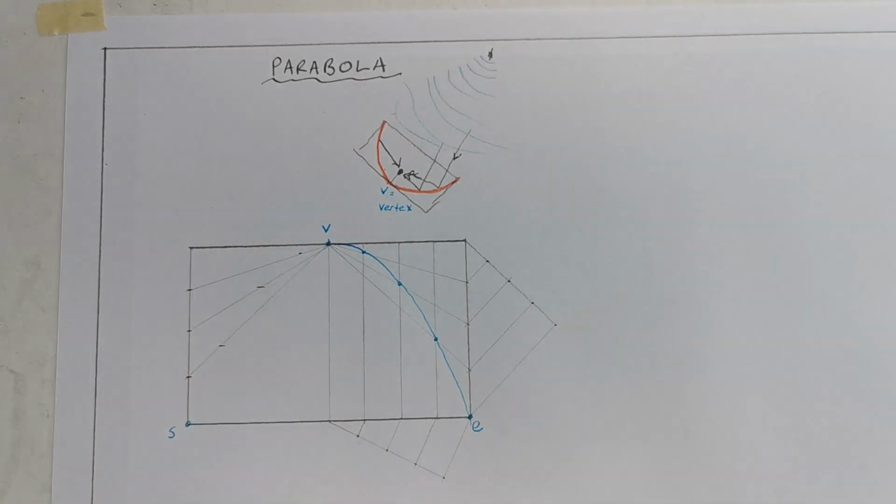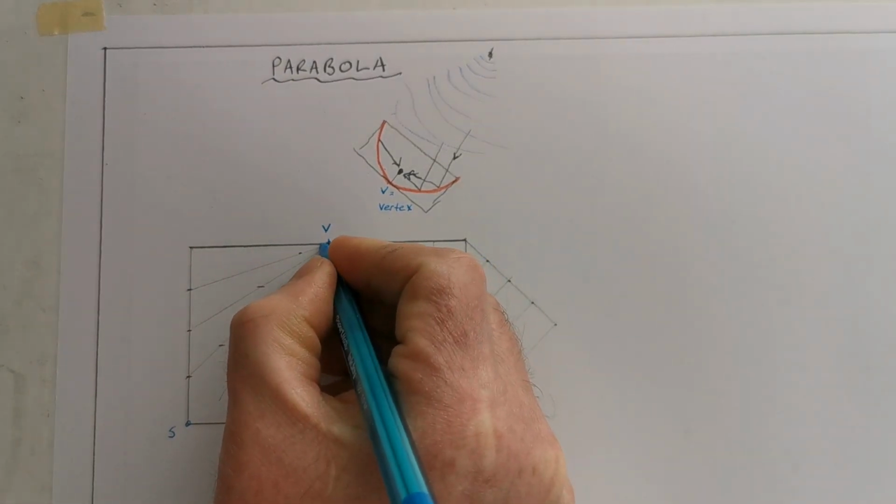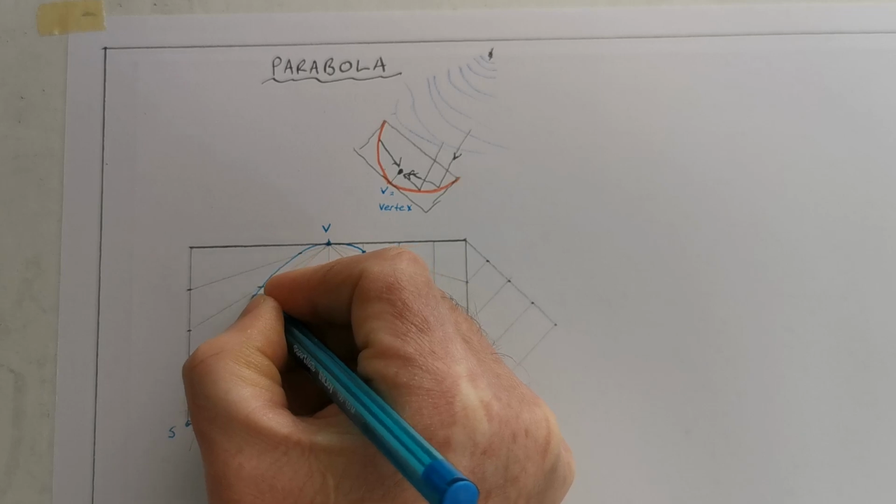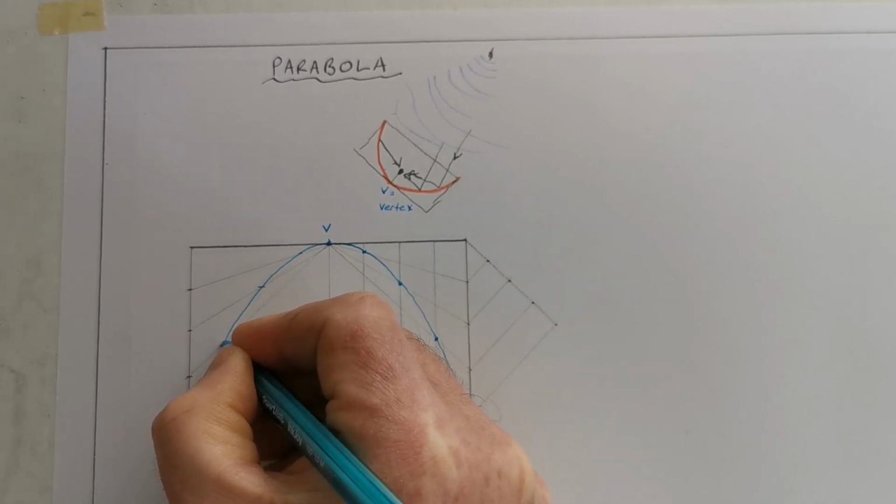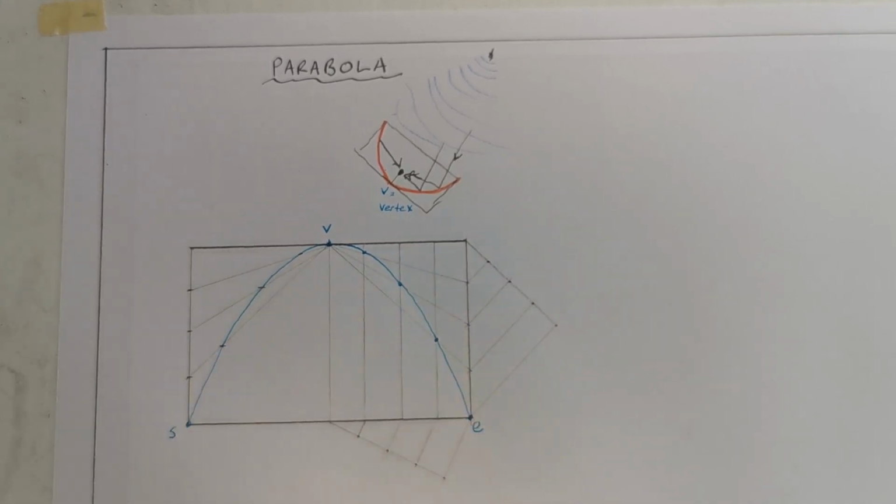Okay, so I'll just step those across, and that allows me to draw the rest of our parabola. So that is the construction for the parabola. It doesn't involve knowing the division of a line.